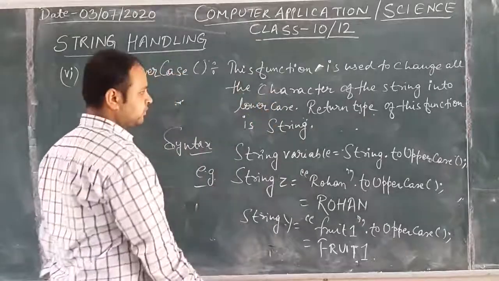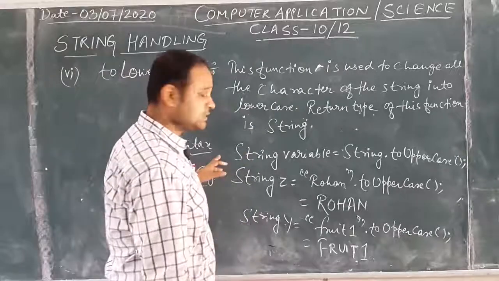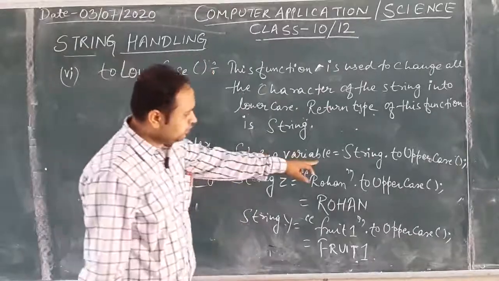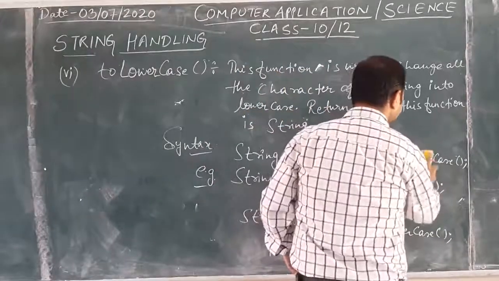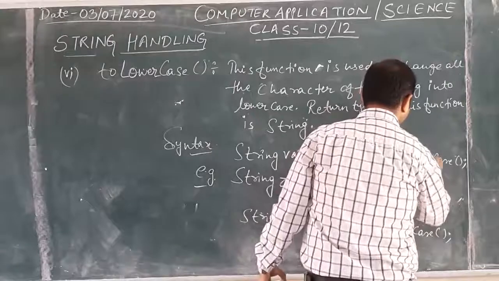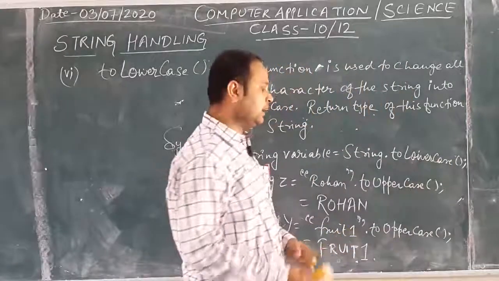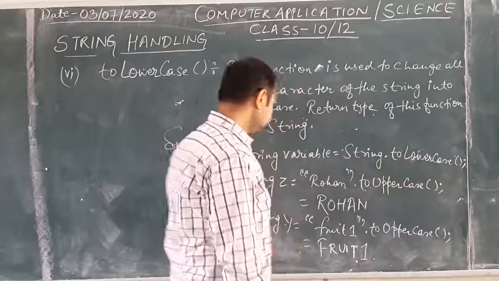The return type of this function is string. So the syntax is string variable equals to string dot toLowerCase. One thing you remember, that there should not be any space in the name of the function.